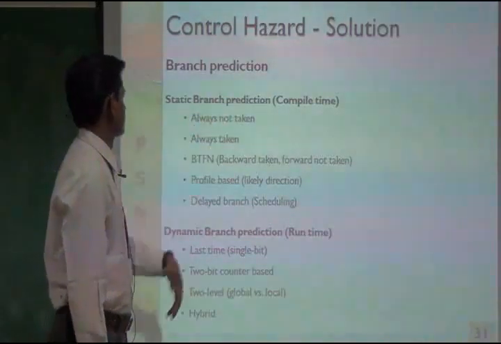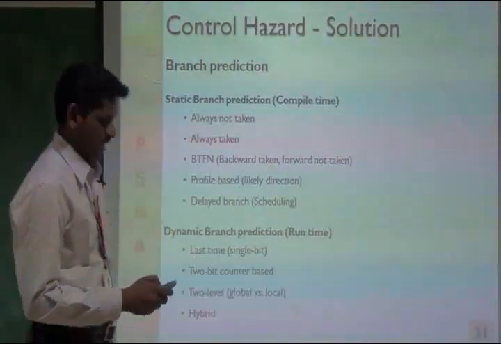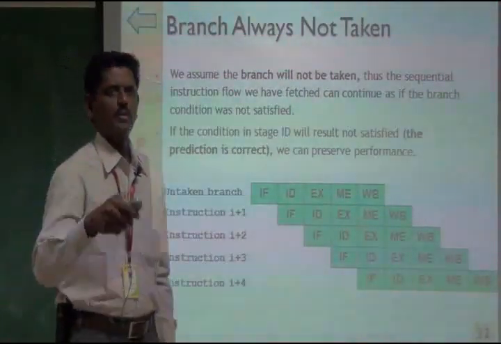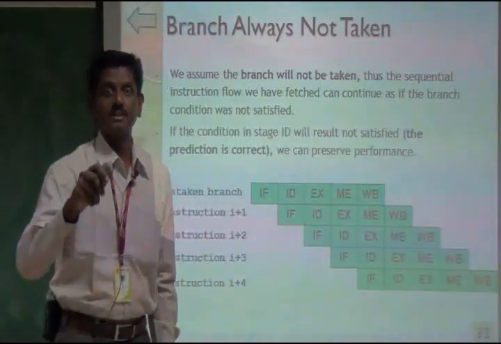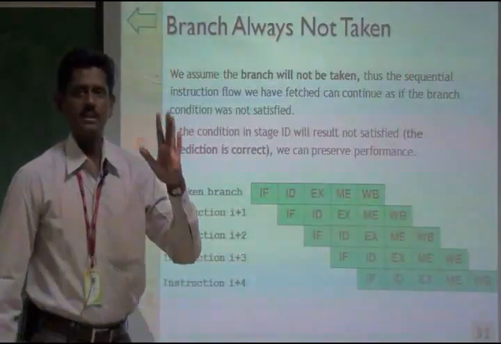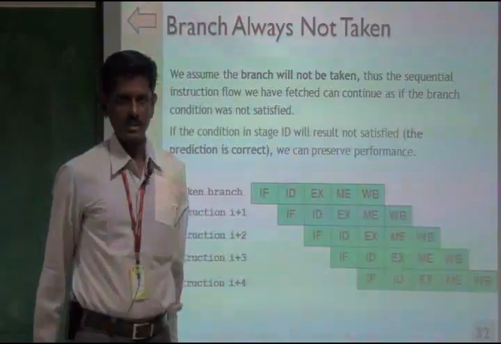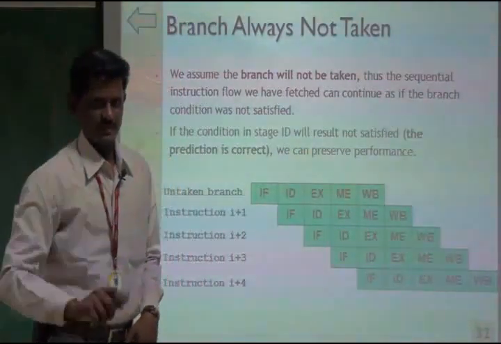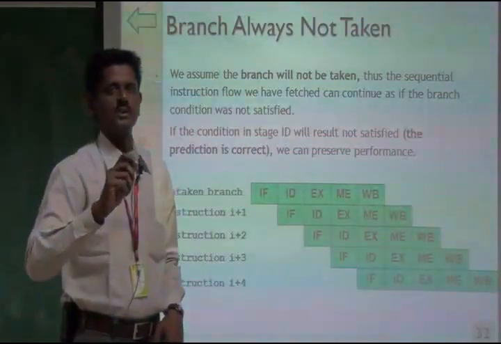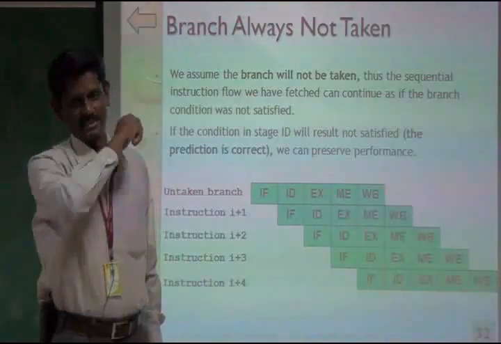The first one in static branch prediction is branch always not taken. Based on some assumption, the compiler goes for the prediction. So here the assumption is the branch is always not taken. It means the condition is false, so it is going to execute the next address, not the target address.